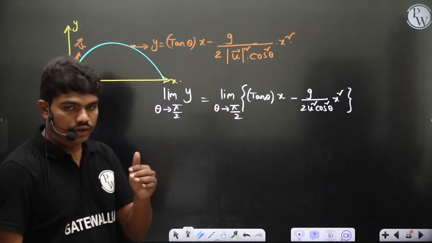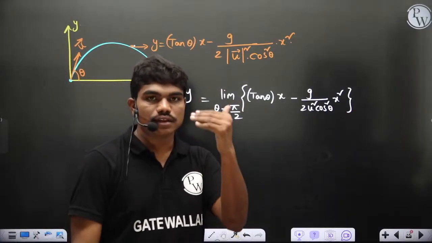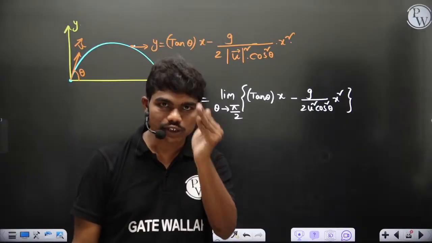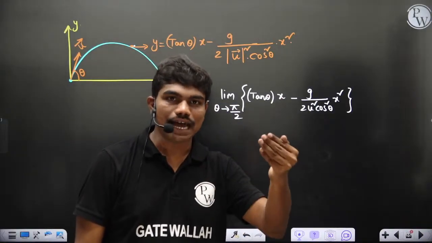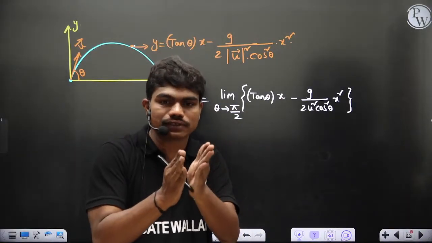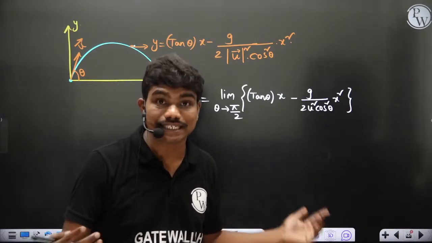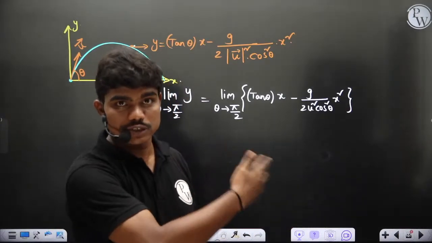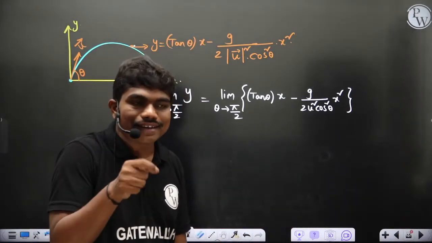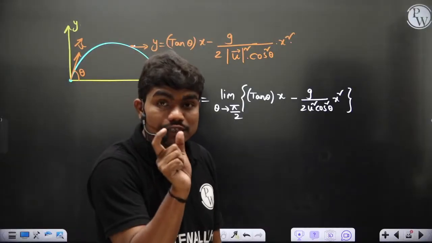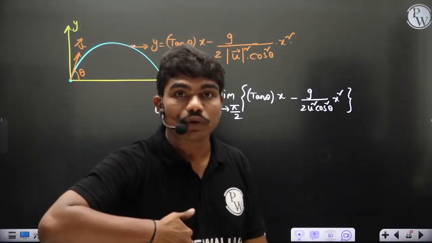So when you encounter points where the functional value exactly at that point is not defined, you will generally calculate the functional value in the very close interval. Let's say at theta equal to pi by 2, I cannot calculate the exact path, or basically this equation is not valid. Then I'll try to calculate at theta very close to 90, so that I'll observe what's going to happen at theta equal to 90.